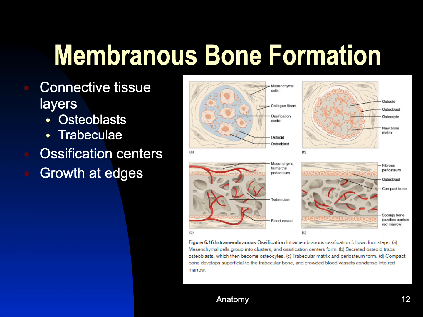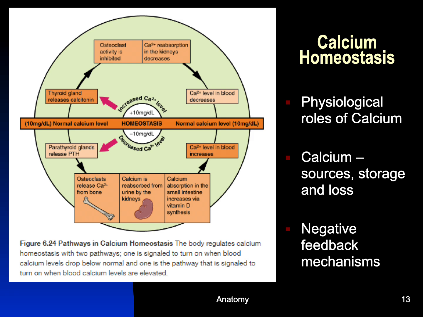And so this ossification center will grow towards the edges until it meets up with another growing bone. This happens in broad, flat bones like the bones of the skull or the hip. In these bones, most of that connective tissue will be replaced, except for a small gap between different bones, and that's where bone growth will occur after birth.